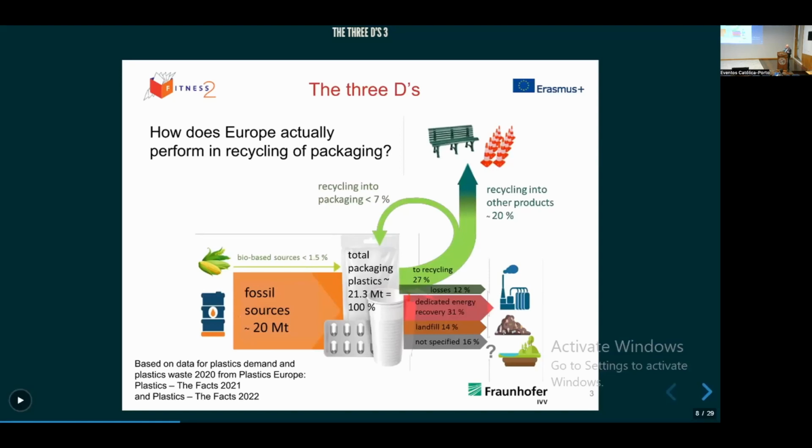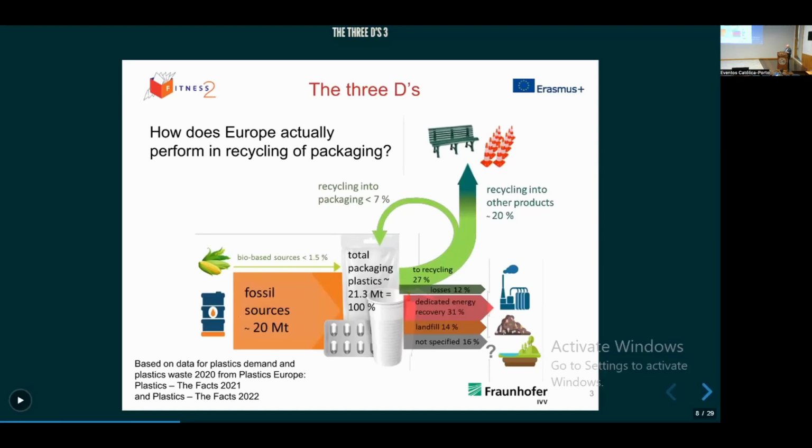If you look at the paths they go, you will recognize that there is 16% which has not been specified. The difference comes from the fact that I took this as 100% and not the amount that has been collected after being used. So if you compare the figures, you will see some differences.